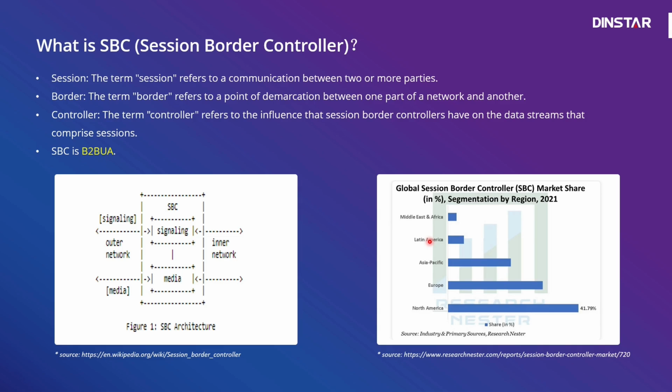So session here refers to the communication between two or more parties. I think the most direct way to understand that is to consider, for example, SIP signaling. In SIP, if you want to set up a call or make an invite, you have to set up the session first. There are a lot of sessions, of course, involved.